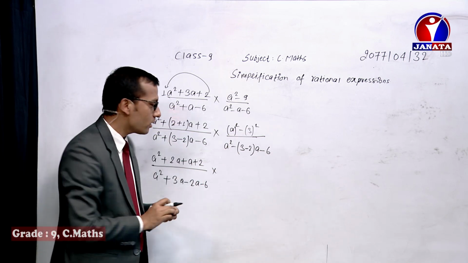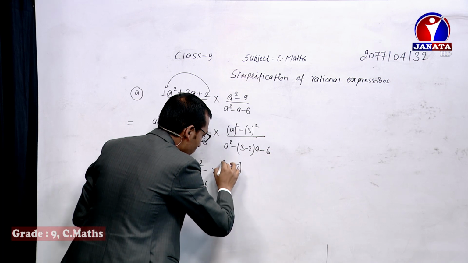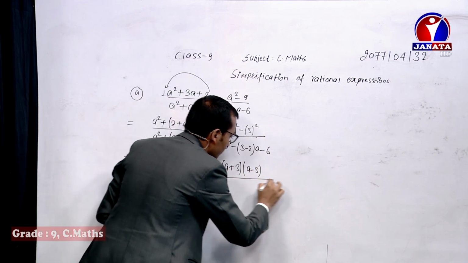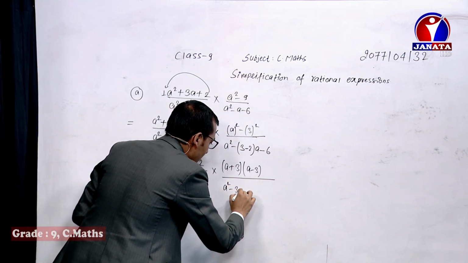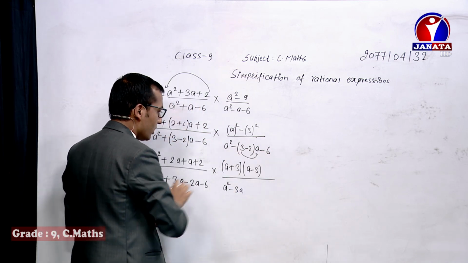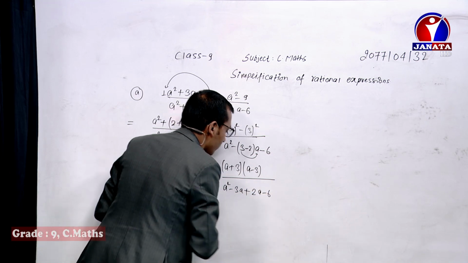We have two factors, a plus b and a minus b. So a plus 3 is one factor and a minus 3 is the other factor, over a square minus 3a, minus 3 times a is minus 3a, so minus minus plus 2a minus 6.